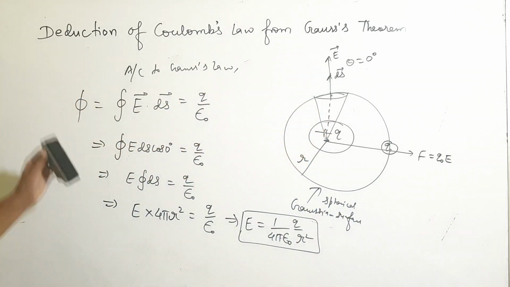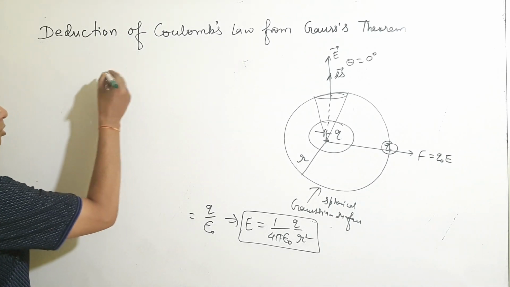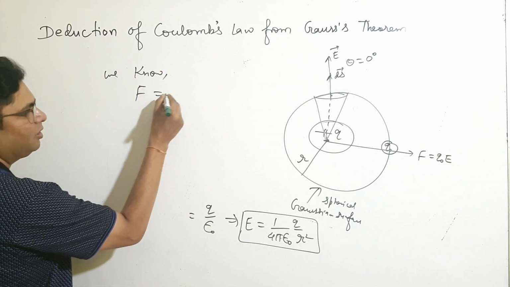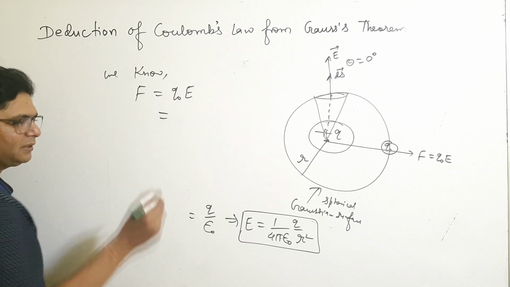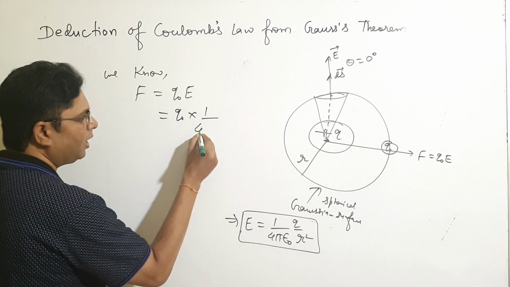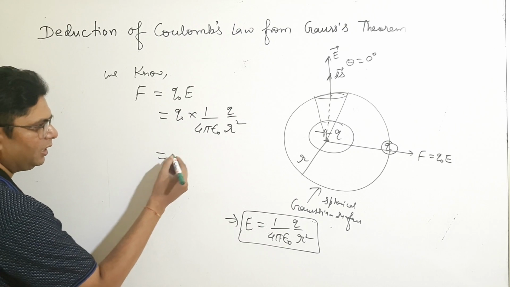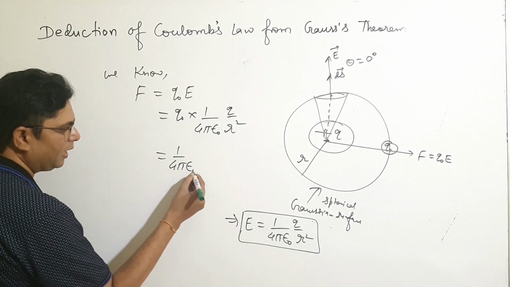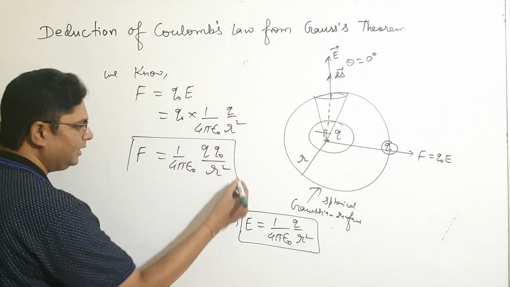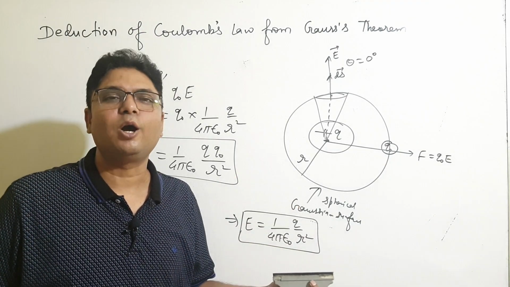We know force F equals Q naught E. Let us place the value of E, which is 1 by 4 pi epsilon naught Q upon r square. So you get F equals 1 by 4 pi epsilon naught Q Q naught upon r square. This is said to be Coulomb's law, which we have deduced using Gauss theorem.